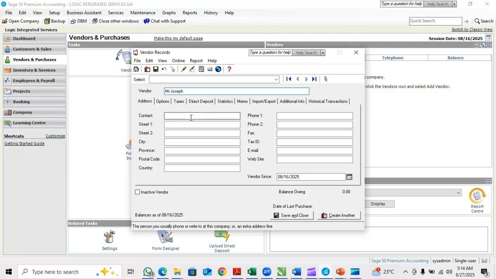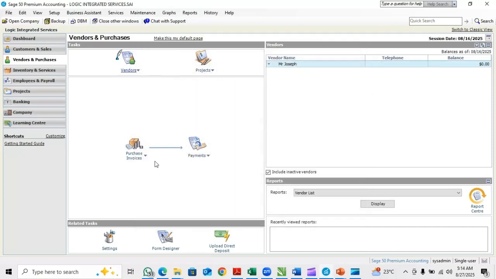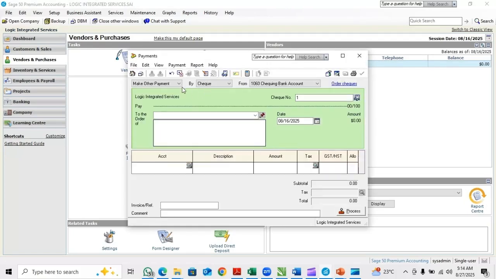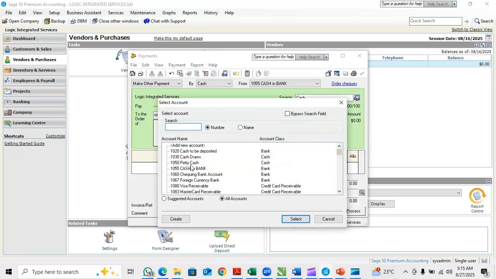So you first of all create the vendor, then you go to payment and pay for expenses. We pay expenses by cash, from our cash account, and we pay Mr. Joseph.